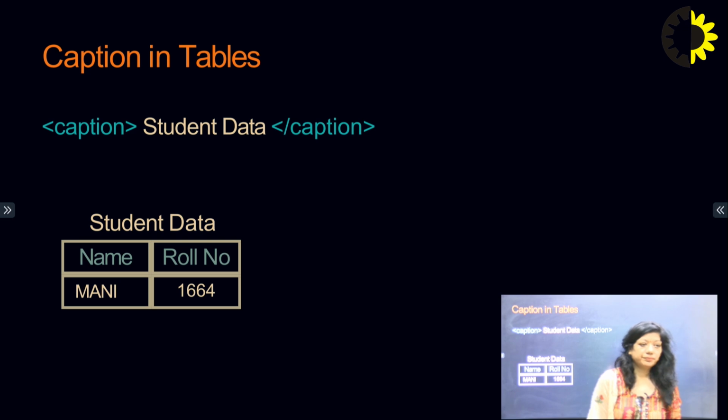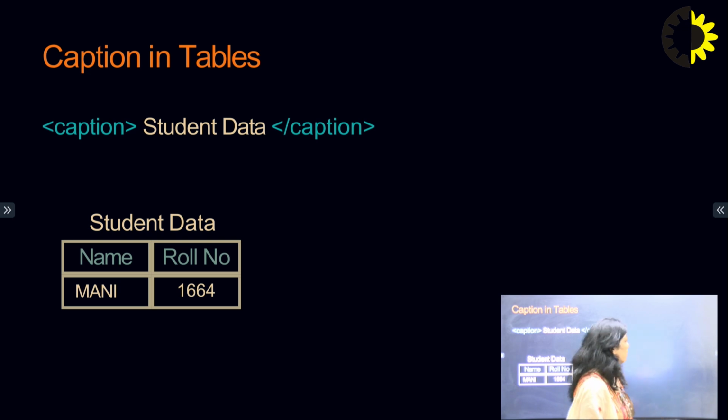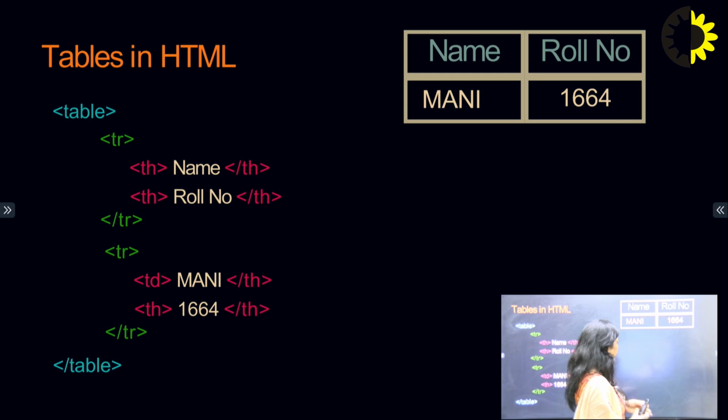Now, suppose that I have to write a caption in the above table. That time we use the caption tag. Suppose in the earlier table I have this kind of table: name, roll number, and its data money 1664.